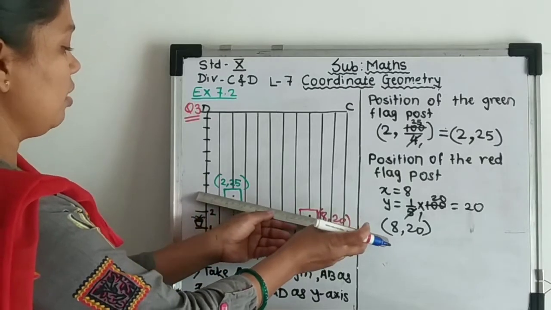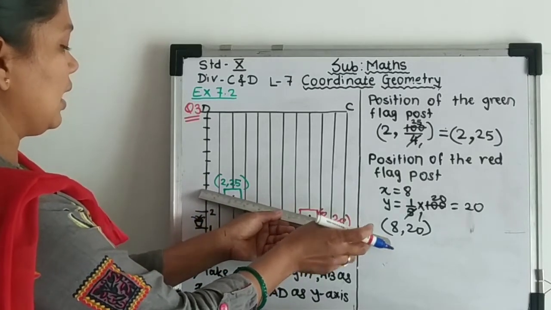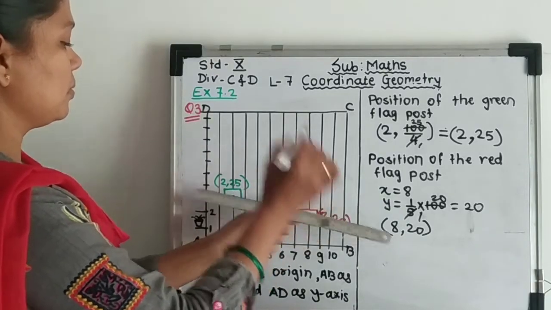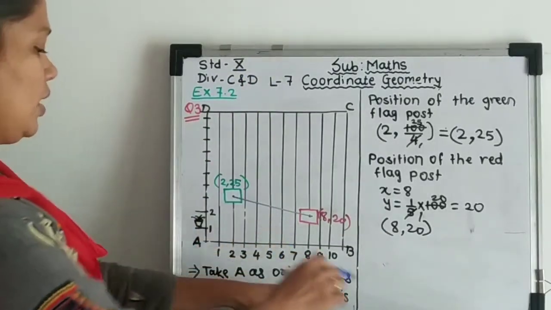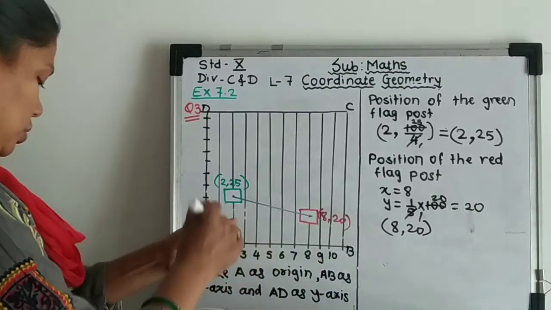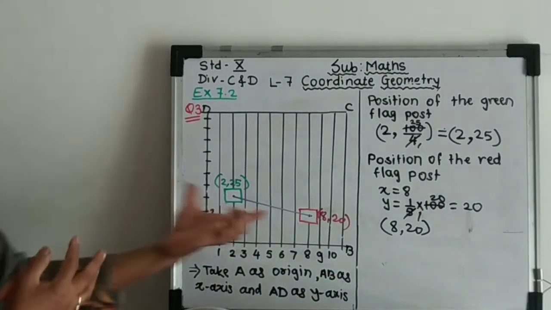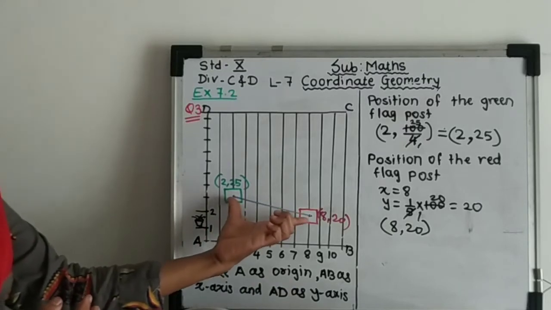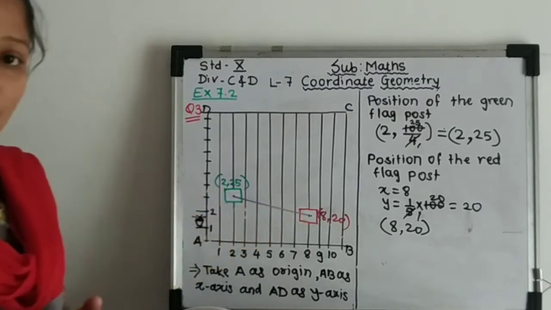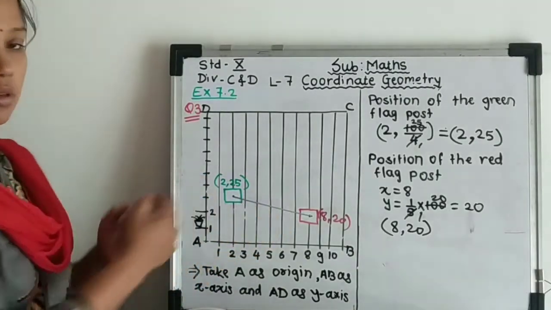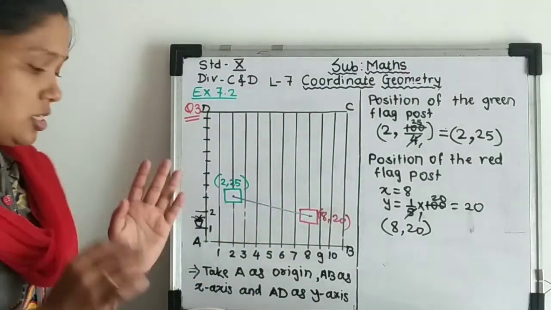Now what we are going to do is, the blue flag she wants to post exactly in the middle. Exactly in the middle it is asked, no? So first of all we are going to find the distance between these two points. By what formula will we find the distance between the two flags? Yes, by the distance formula.